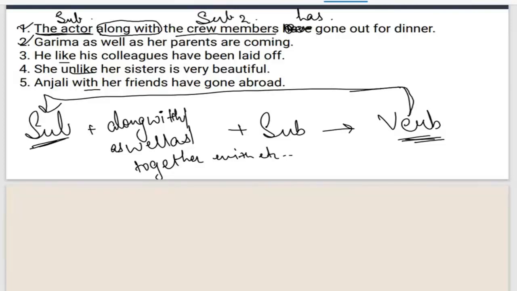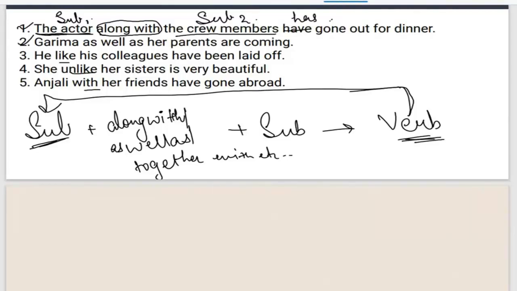The first subject is the actor, which is singular. So we will be using a singular verb, replacing have with has. Is sentence number 1 clear?